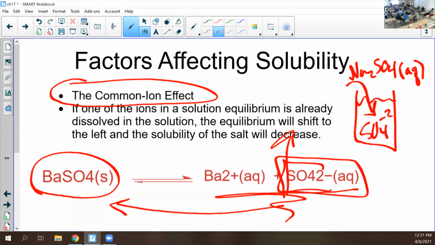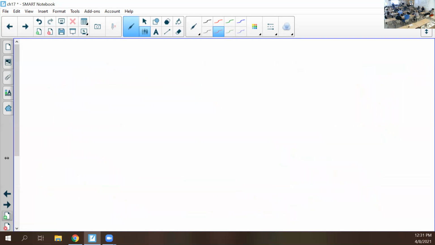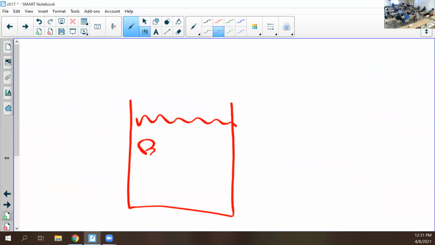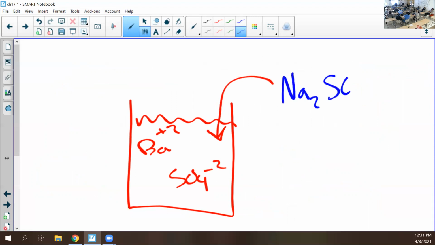It kind of makes sense. Like if you need room to put SO4s, but that room's already taken up, then they don't break apart. They have to stay together. Or I can add it later. If I have this BaSO4 already dissolved, so I have some Ba plus 2 and some SO4 minus 2, and it's at equilibrium, and then I drop in Na2SO4.